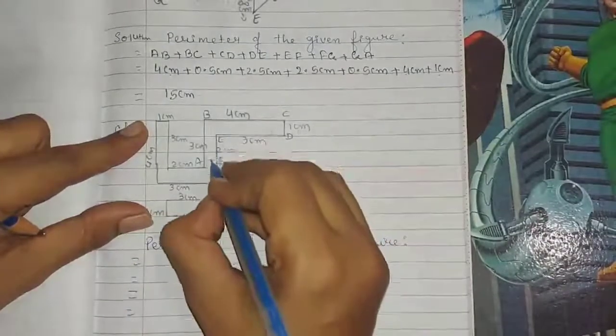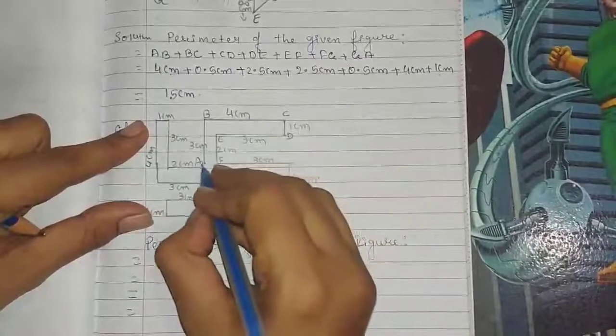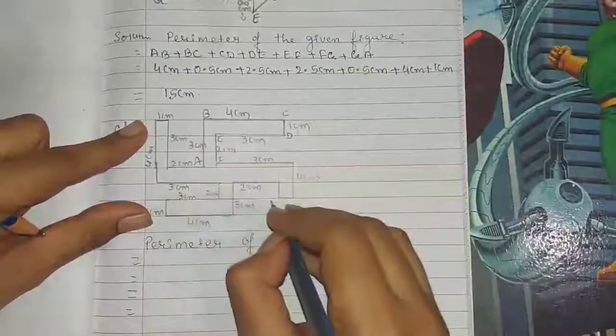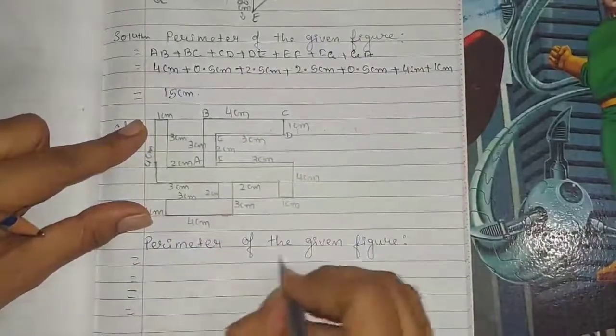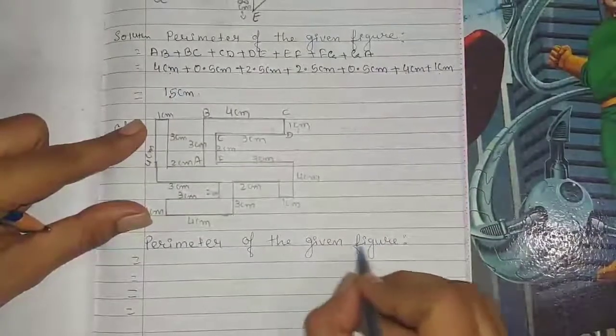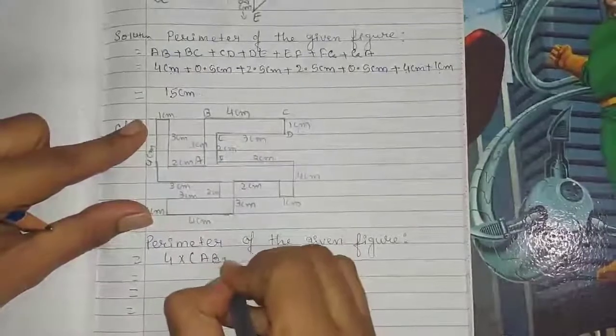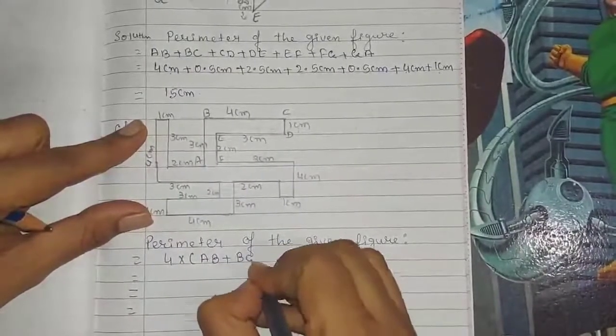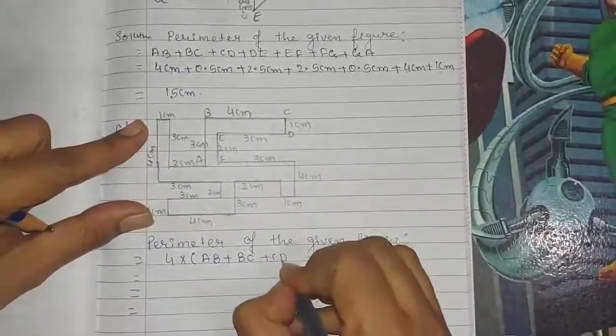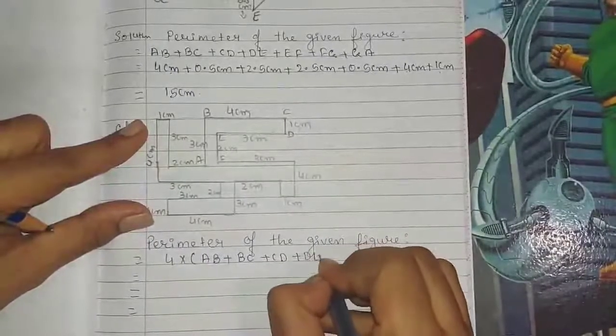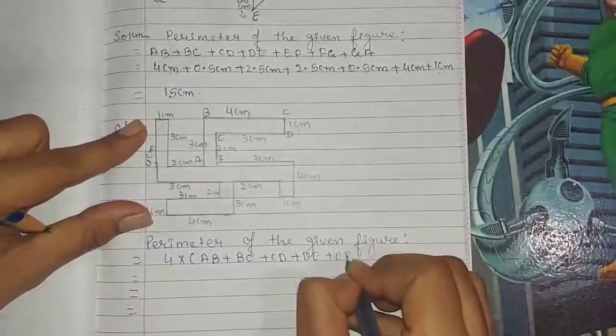So we will write the measurements of A, B, C, D, E, F, and the rest 4 are the same, so we'll multiply by 4. So how will we write the perimeter of the given figure? 4 multiplied by AB plus BC plus CD plus DE plus EF.